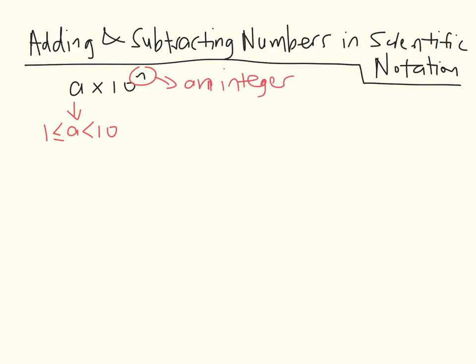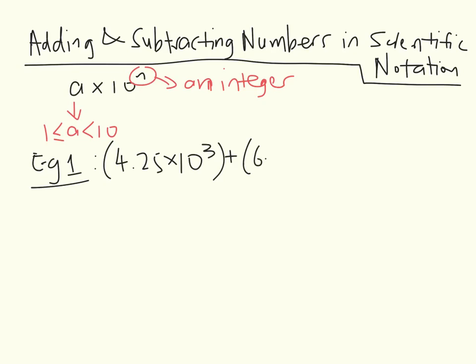Let's look at the first example: 4.25 times 10 to the third added to 6.25 times 10 to the third.